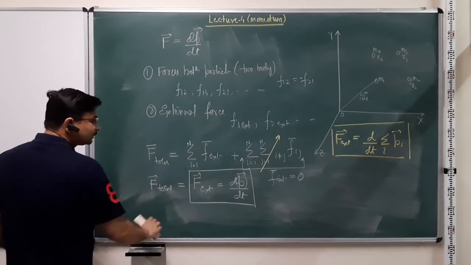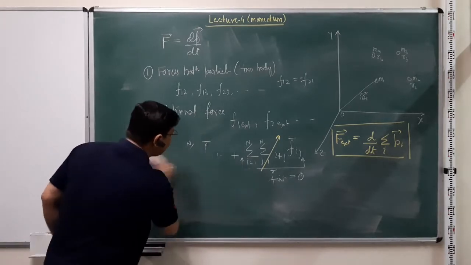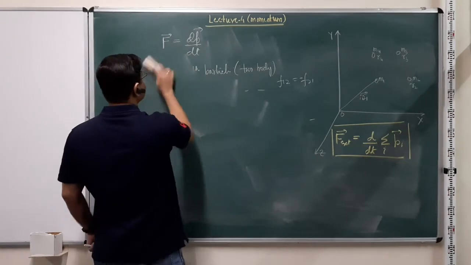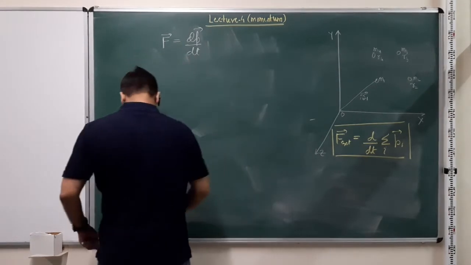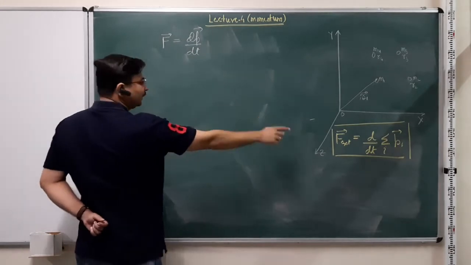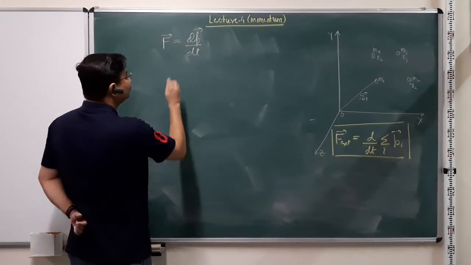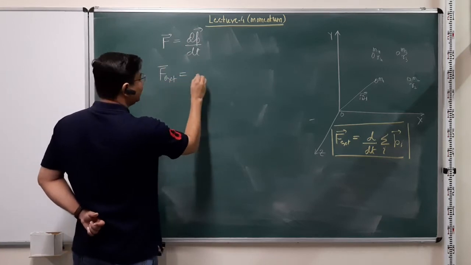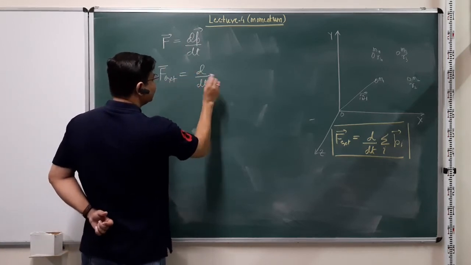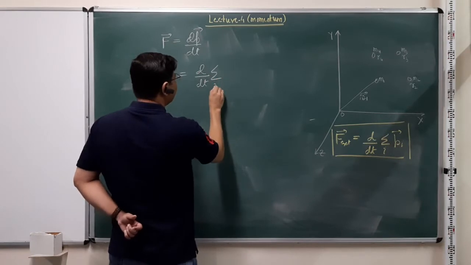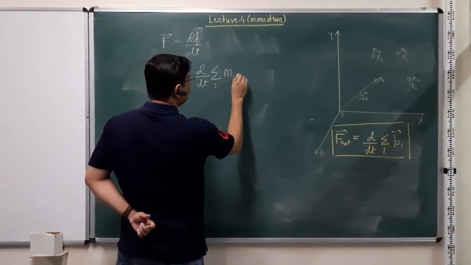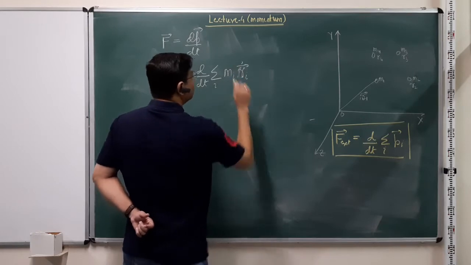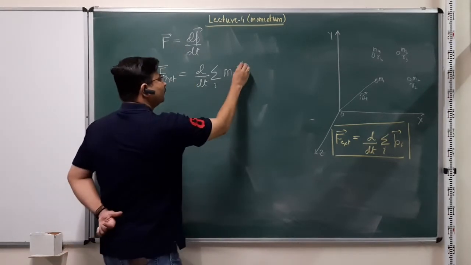Now what we can do is, looking at that force equation, let me first write down F external as I defined it: d over dt of the sum over i of m_i r_i dot.